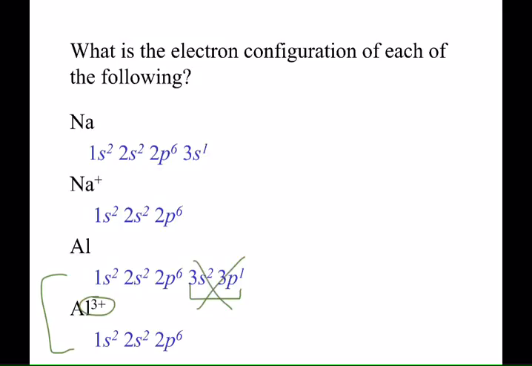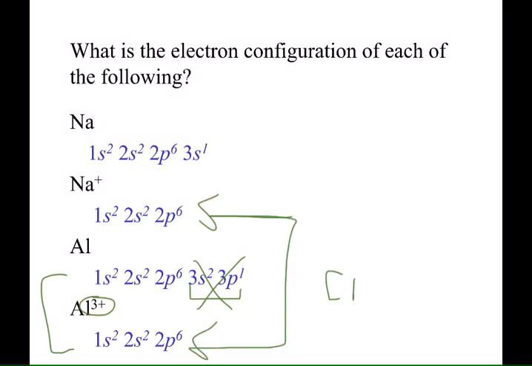And again, just so we're all on the same page, these guys right here, okay, these are both the same electron configuration as neon. Now, are the cores the same? Yep. The nuclei of these guys, this is actually still 11 protons, and this is still 13 protons, but it has the electron configuration like neon.